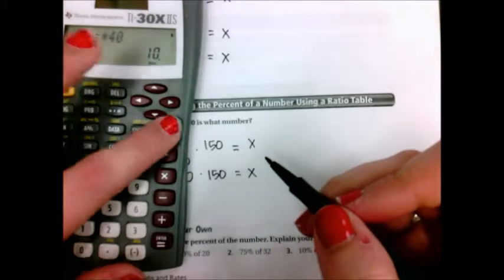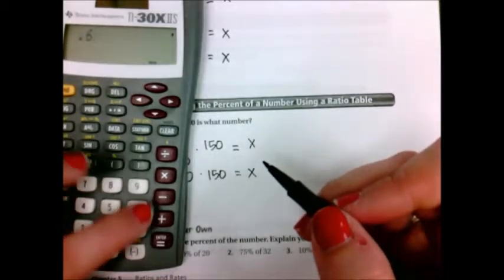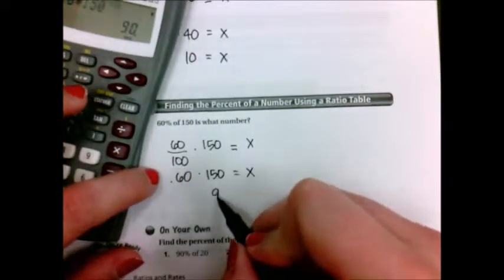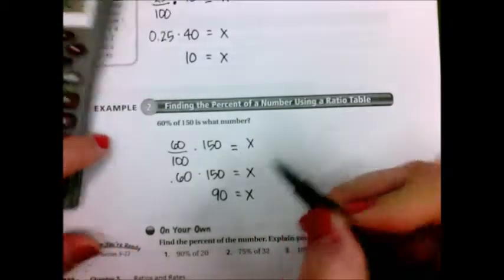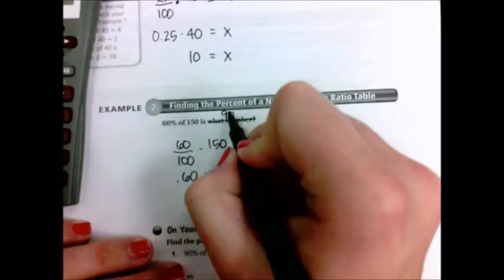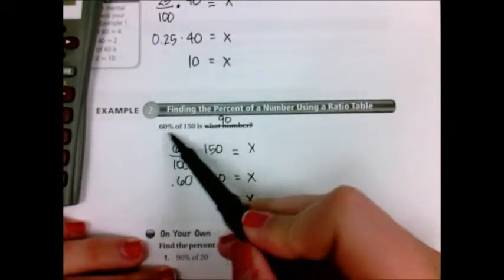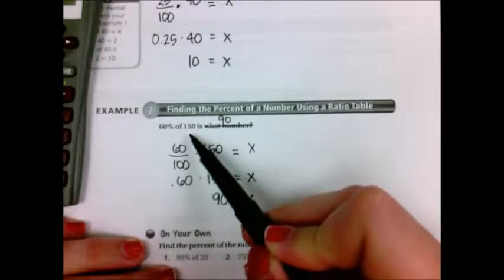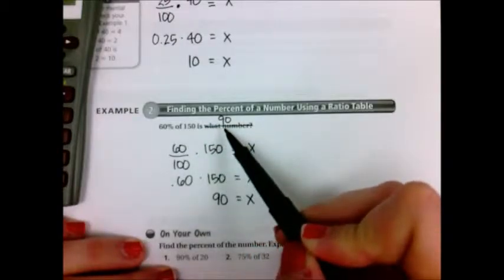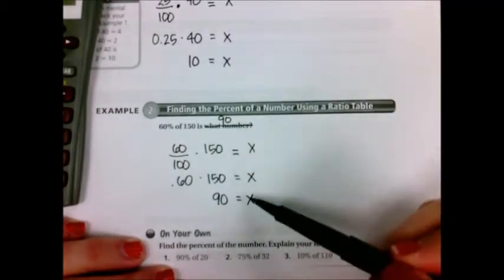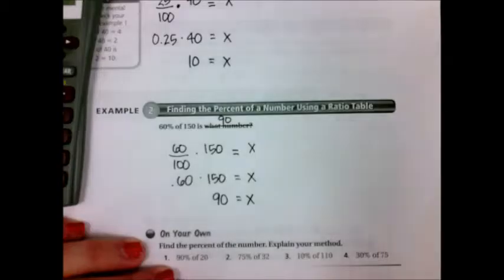If we do that on our calculator, 0.6 times 150, we'll get 90 for x. And then we're going to come and cross out where it says "what number" and see if 90 makes sense. If I had a 60% on a test that was out of 150 questions, would it make sense that I had gotten 90 of them correct?